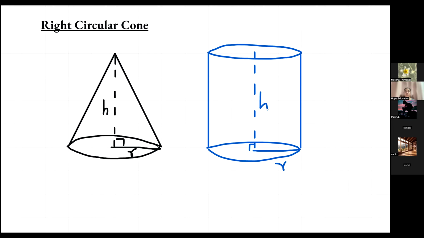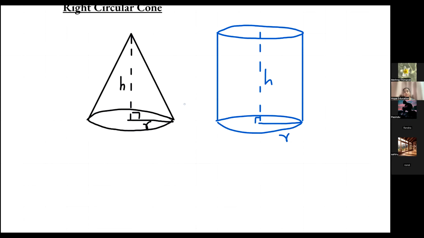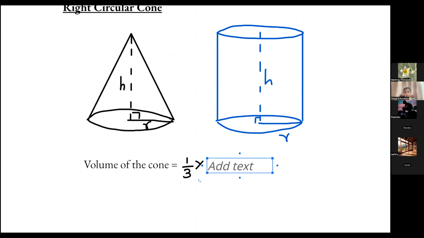When you take a circular cone and a cylinder with the same measurements, we say the volume of the cone is equal to 1/3 of the volume of the cylinder having the same measurements.